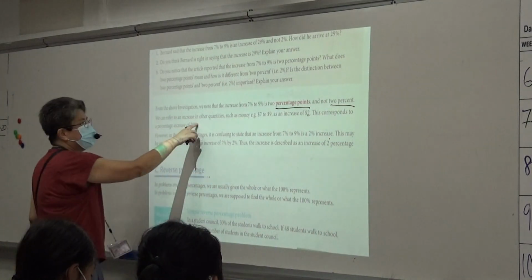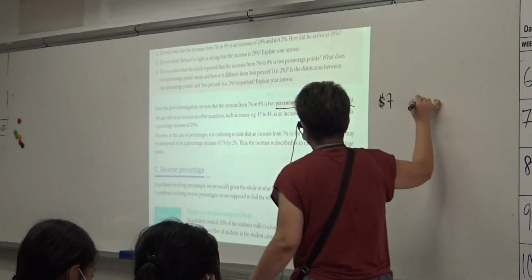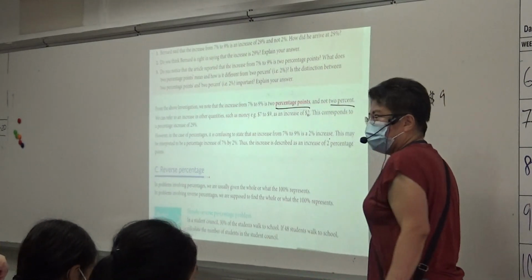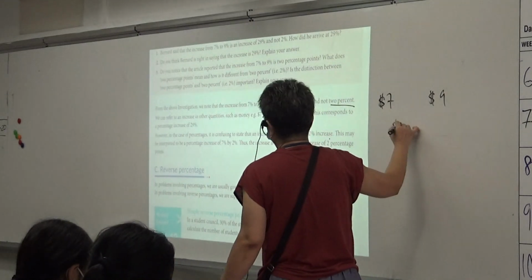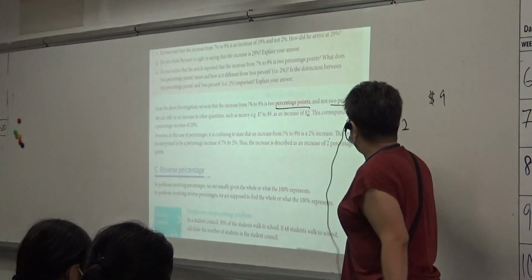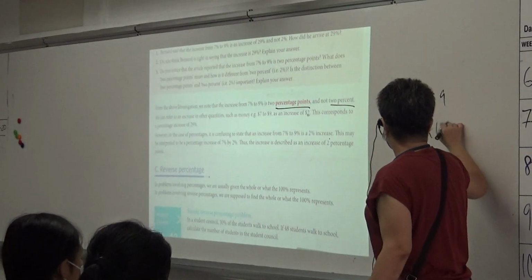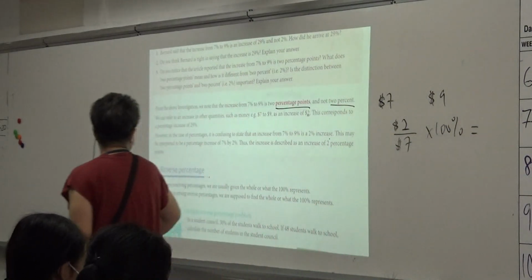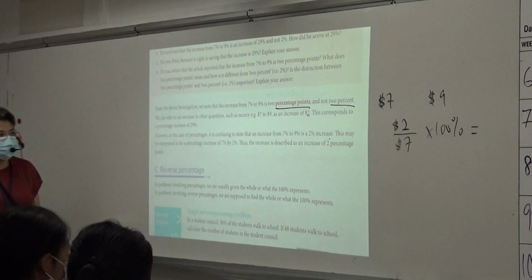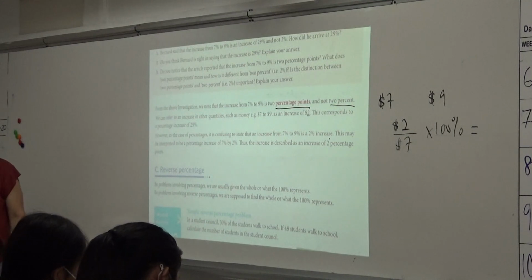We can refer to an increase in other quantities such as, if I have $7 to $9, it's an increase of how many dollars? $2. But with respect to the original one, I times 100%. How many percent increase? Key in the calculator. 28.6%, roughly 29%, alright?